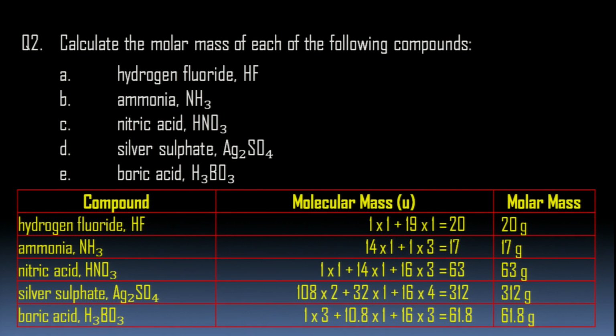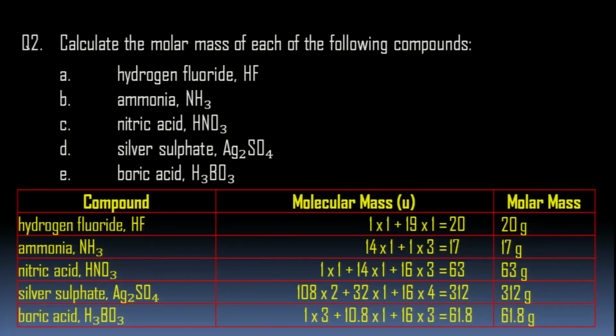Similarly, silver sulfate, Ag2SO4. 2 atoms are silver. Atomic mass of silver is 108 U. 2 atoms means 108 into 2. Sulfur 1, 32 into 1. O4, 4 into 16. And it comes out to be 312 grams. You also do it in your notebook so that you can compare this value.